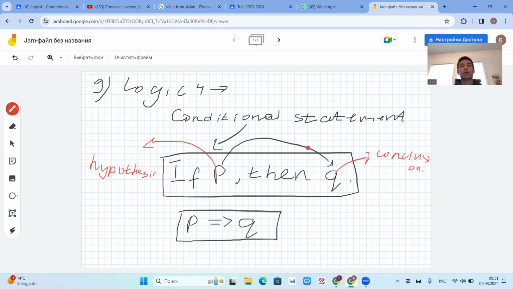Let's make some sentence. For example, if I eat big pizza, then I will be full, right? Eating big pizza implies that I will be full, not hungry anymore. So basically, there are 4 forms of conditional statement.